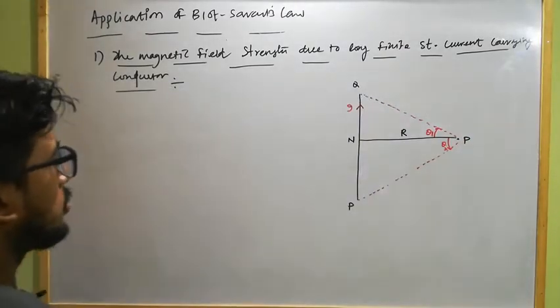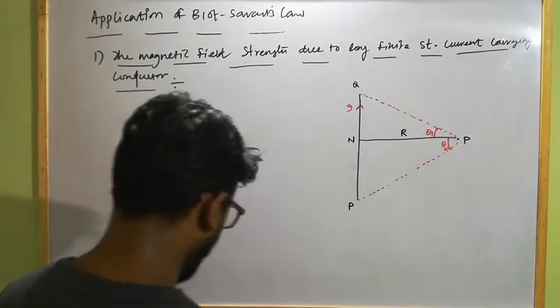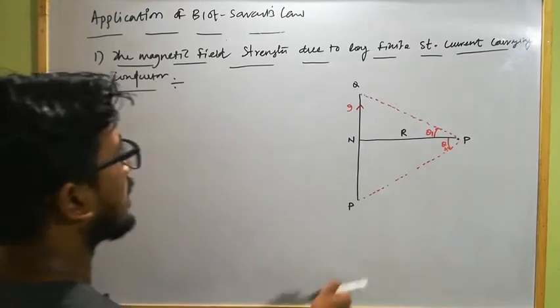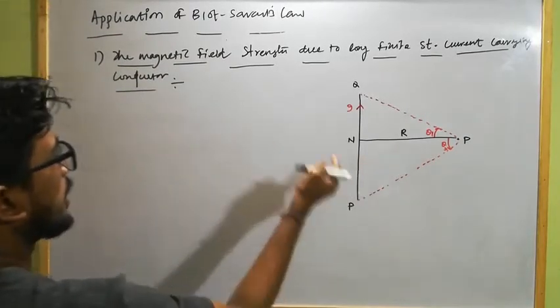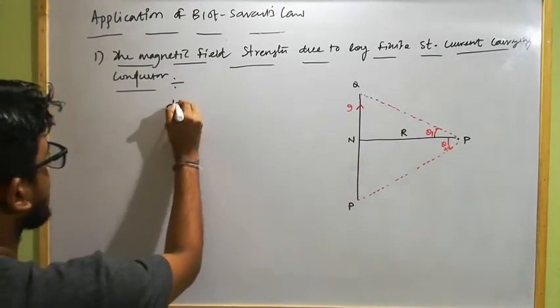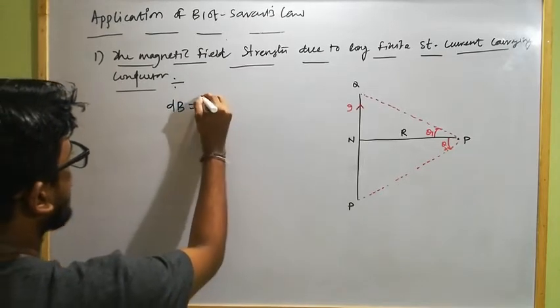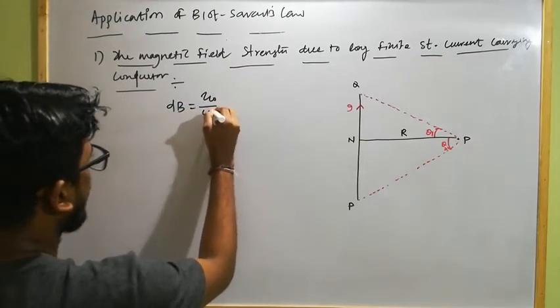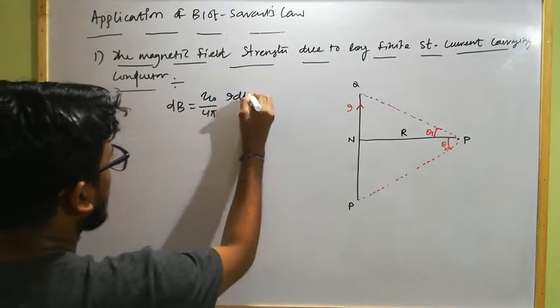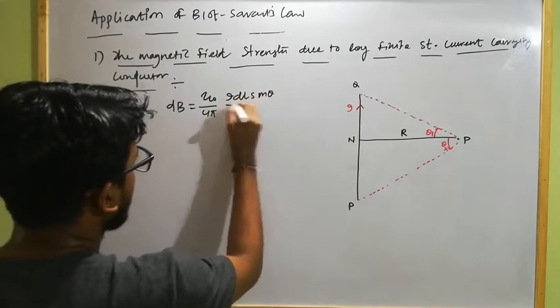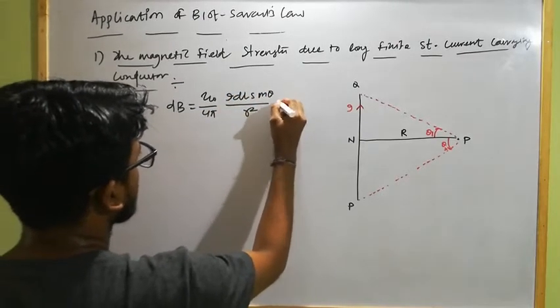Clear? So according to Biot-Savart's law, what is the formula for magnetic field strength at a point due to a current carrying conductor? The Biot-Savart's law gives us the formula dB equal to mu naught by 4 pi I dl sin theta by r square.